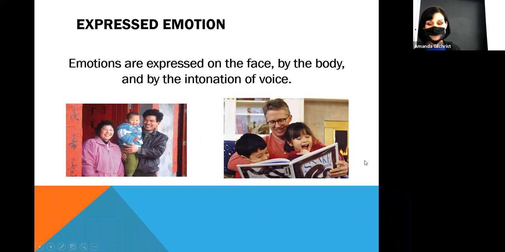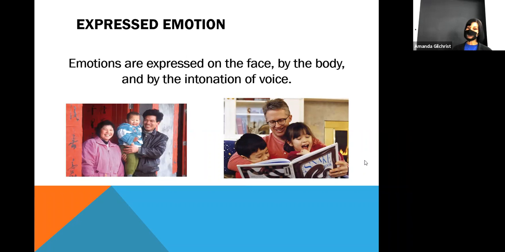So we often think of emotions that are expressed by faces, but we actually use our entire body to express our emotions. So if you see somebody who's like at a campus event and they're just like this, what are we thinking about this person? They could be cold. They could be waiting for somebody, or they could be completely disinterested in what's going on around them.